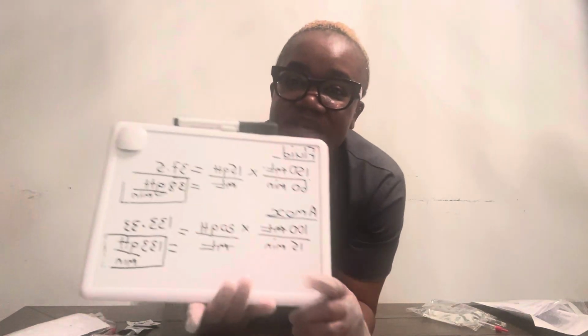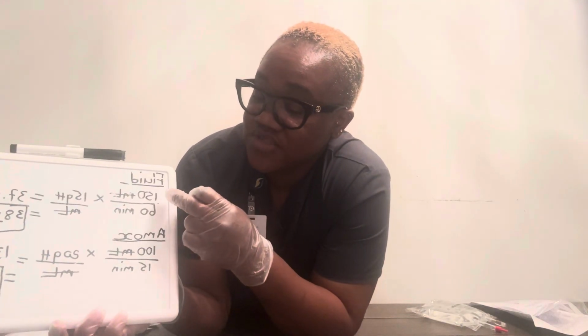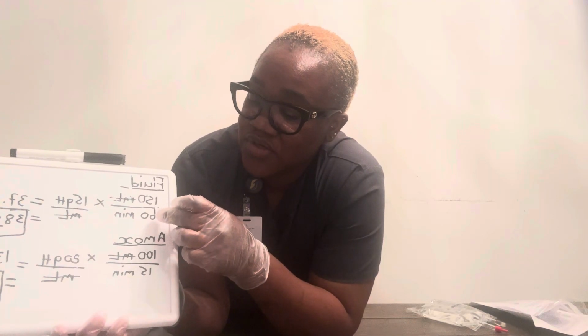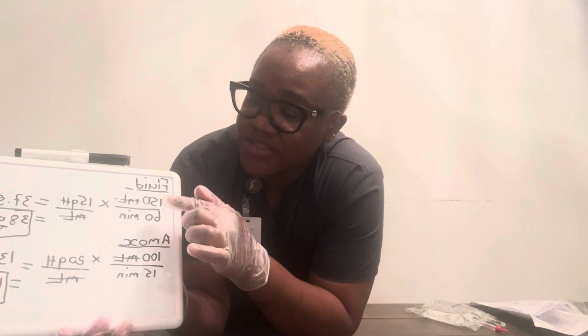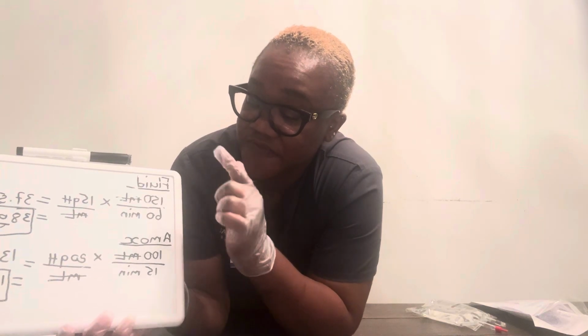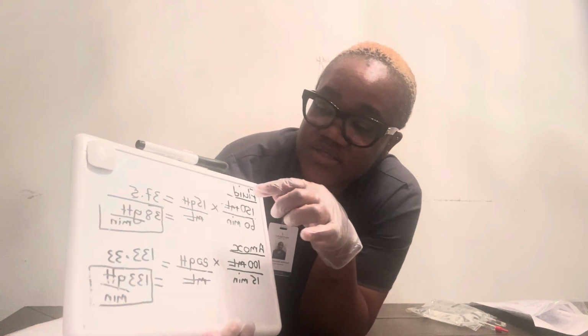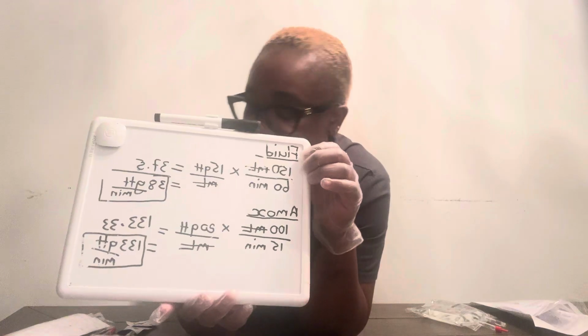So before I start, I have to do my calculation for my medication. For my fluid, the physician has ordered 150 ml, and it is to run for 60 minutes at 15 drops per ml, and based on this calculation, it is going to be 38 drops per minute.